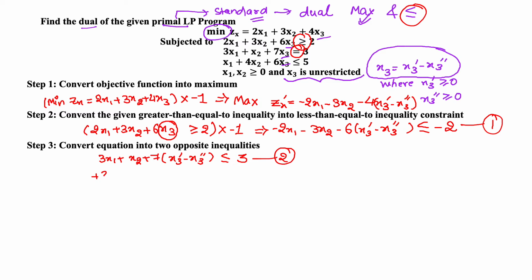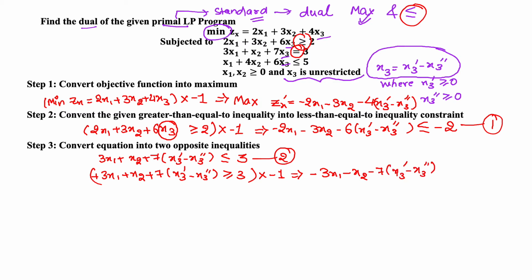Similarly, 3x1 plus x2 plus 7 times x3 dash minus x3 double dash greater than or equals to 3. To convert into standard form, multiply by -1, and you will get minus 3x1 minus x2 minus 7 times x3 dash minus x3 double dash less than or equals to -3. That's the third constraint equation. And the last is this one, it's already in standard form.